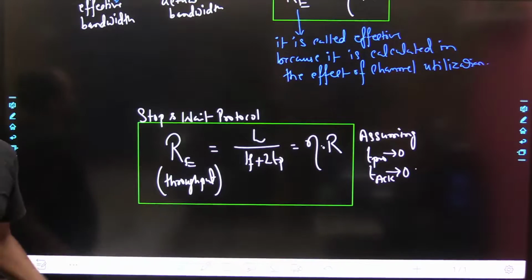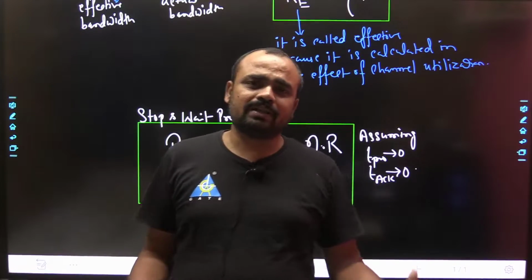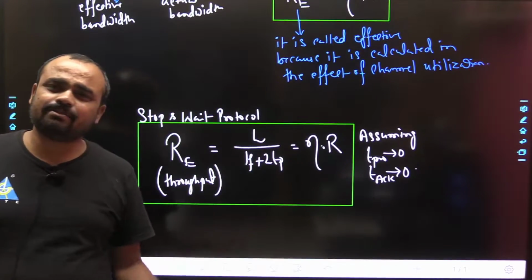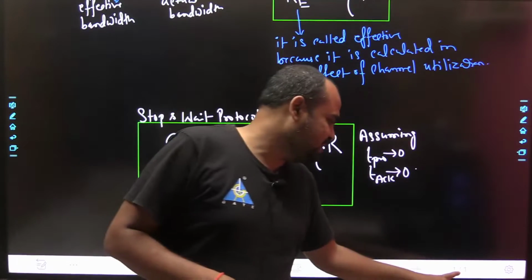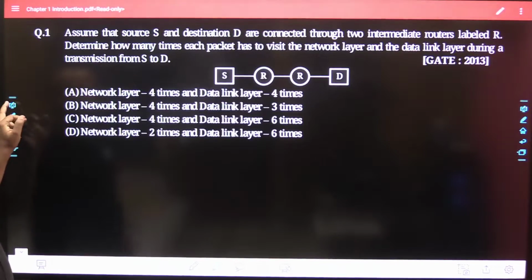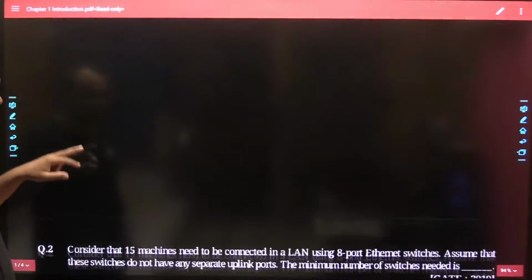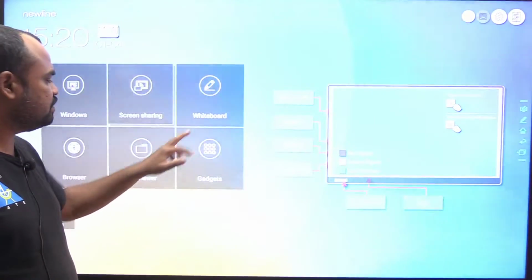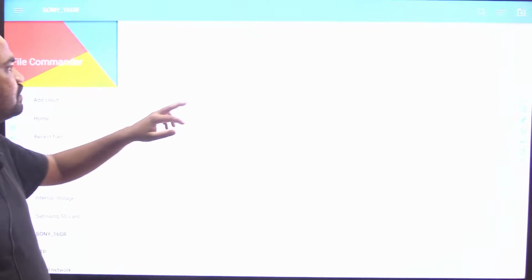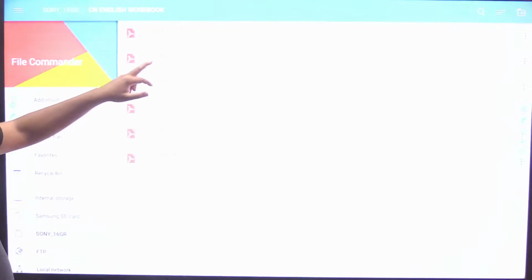Okay, so to understand these two formulas, that is the utilization of the channel and the effective bandwidth, or you can say the throughput, please try to solve some of the GATE previous year numericals. Okay, so let's start the GATE previous year numericals.